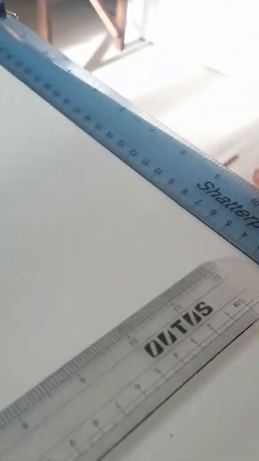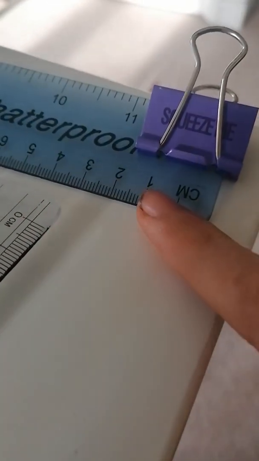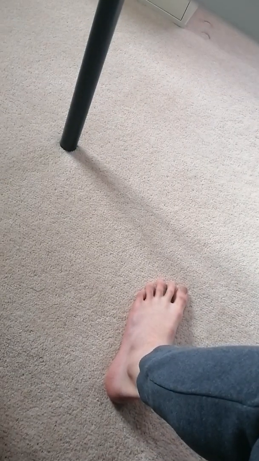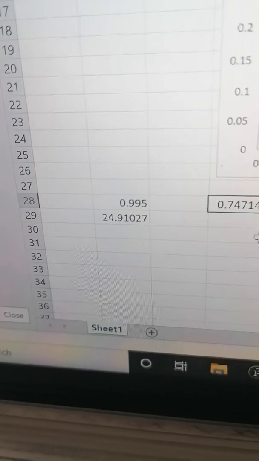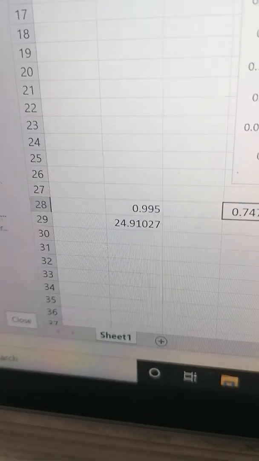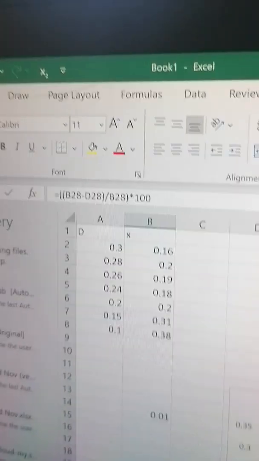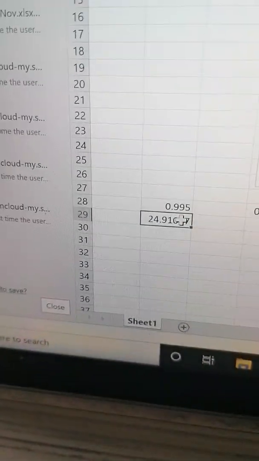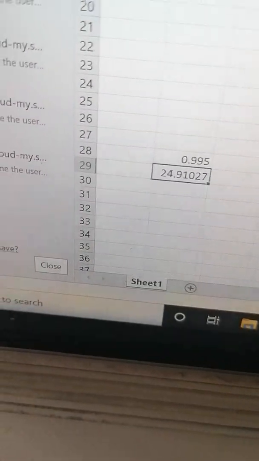It's not really the length of the table, it's the distance between this part of the ruler here and where the other ruler meets the table. So it's a little bit less than the actual length of the table, and I found that to be 0.995 meters, and then I found my percentage error to be 25%.